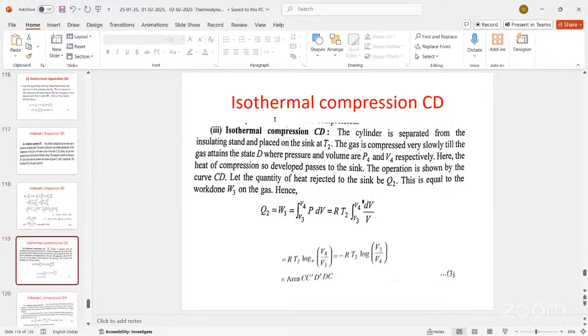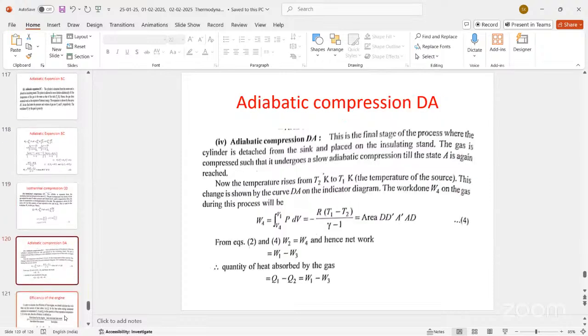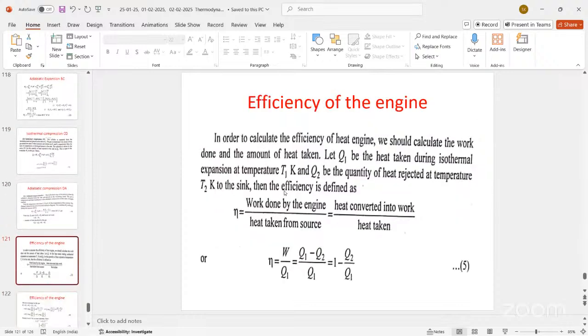So this is isothermal expansion. This is stage 3 we will take. And this is adiabatic compression from D finally to A. So here we will calculate the efficiency of the engine.